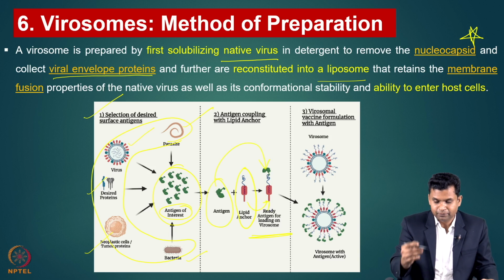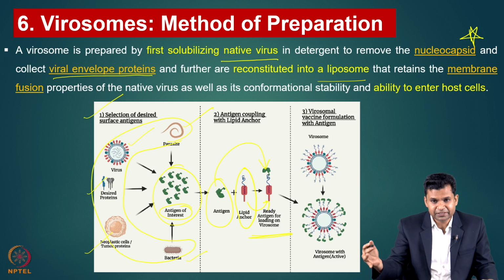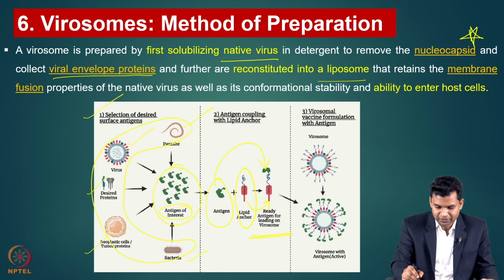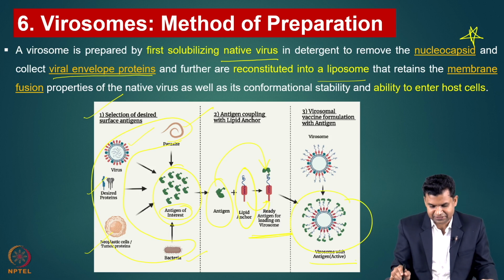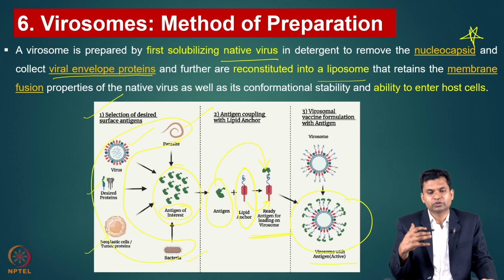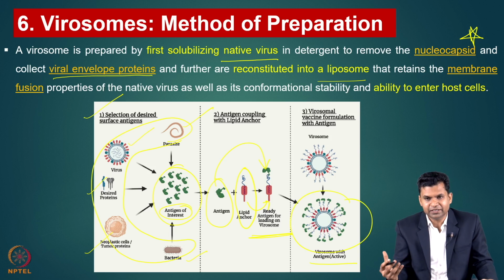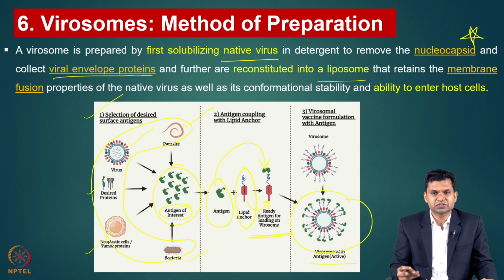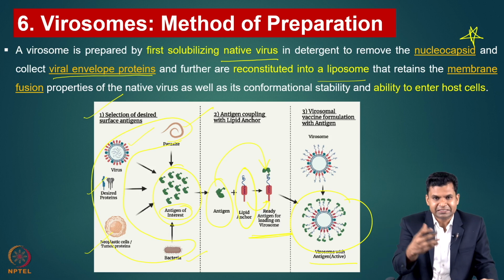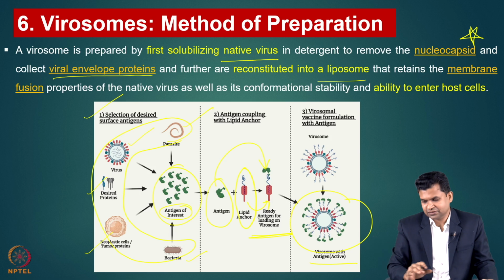After that, by using any of the simplest general preparation methods, you can make liposomes, which will give the virosome with antigens. You can complex or put in covalent bonding with your liposomes, which will help to enter into the host cell similar to the virus.